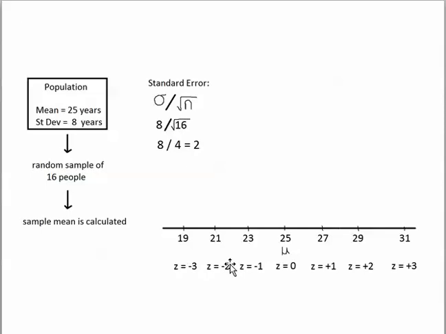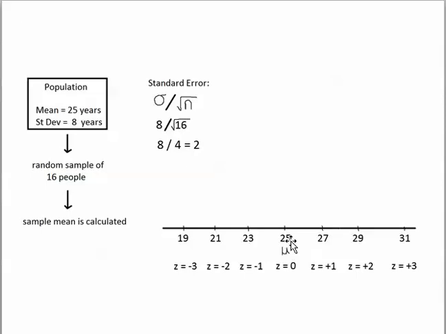So overall, the mean of the population always has a z-score of 0. That's always the way it is. And if you go up one standard error, you get to +1. If you go down one standard error, you get to -1. If you go up 2 standard errors, you get to +2. And if you go down 2 standard errors to the left, you get to -2.